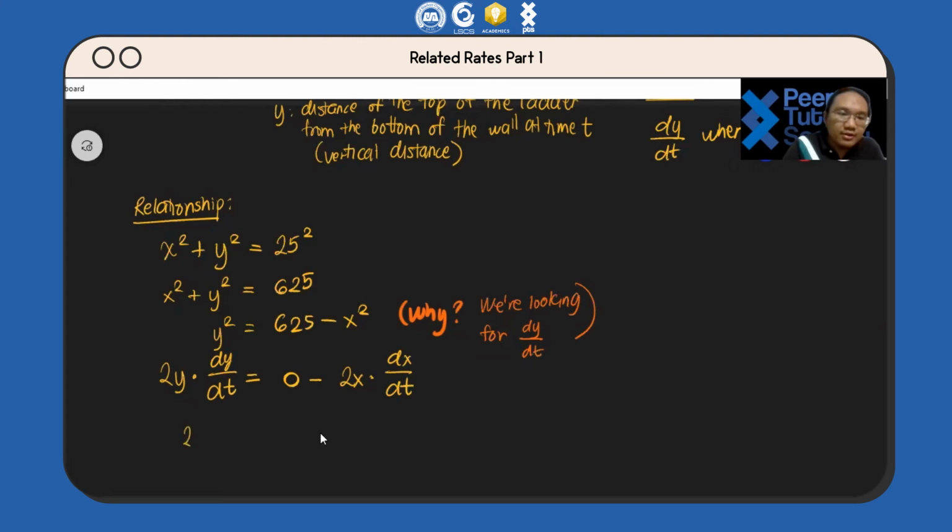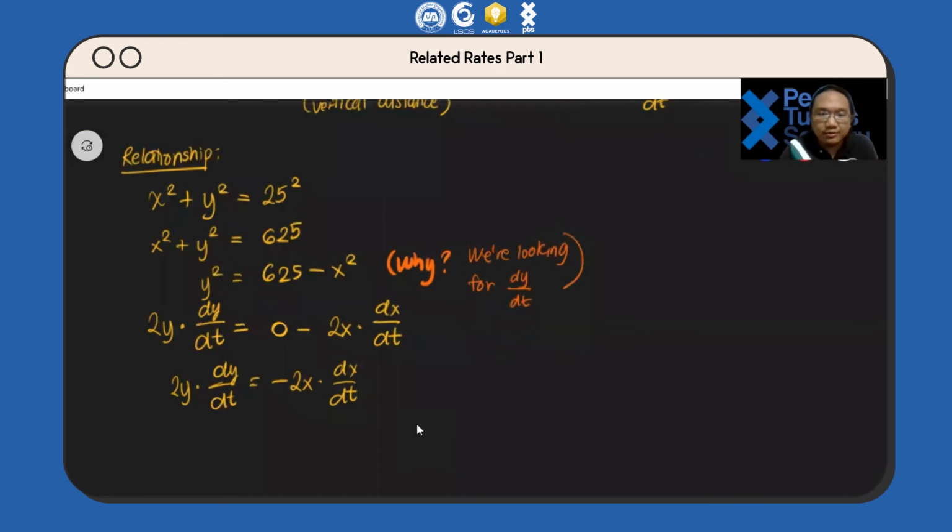Let's simplify our equation. dy/dt is equal to negative 2x multiplied by dx/dt. So that means I can cancel out the 2 over here. Okay, so step by step to minimize the chances of error. Negative x dx/dt.